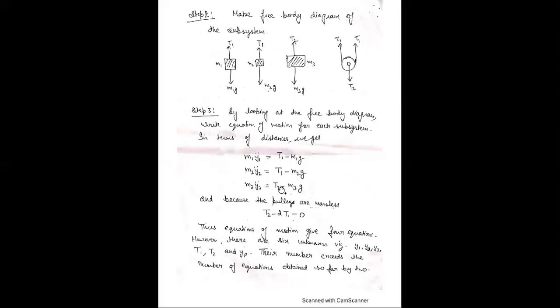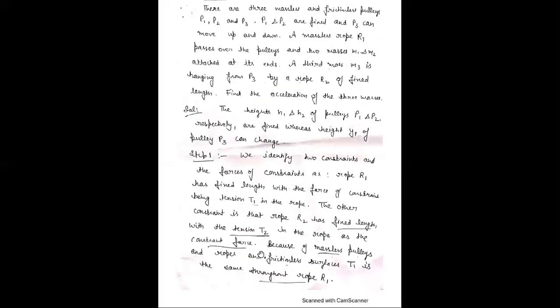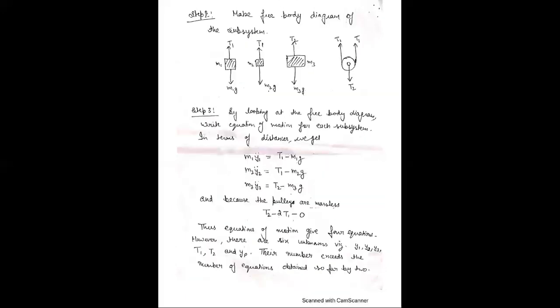And M3 y3 double dot equal to T2 minus M3G, because here y3 is the distance of M3 from the ground. And because the pulley is massless, T2 is the tension in the downward direction and T1 plus T1 is upward. Therefore, T2 minus 2T1, adding these two tensions, both in the same direction, is equal to 0.